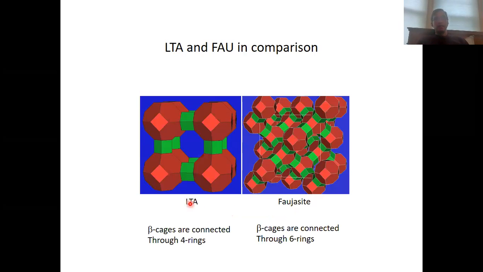In the LTA structure, these beta cages are interconnected via the 4-membered rings, so you have essentially this green cube interconnecting these red beta cages, whereas in the FAU framework structure, as we already saw before, the beta cages are interconnected via these hexagonal prisms, which are also indicated here in green.